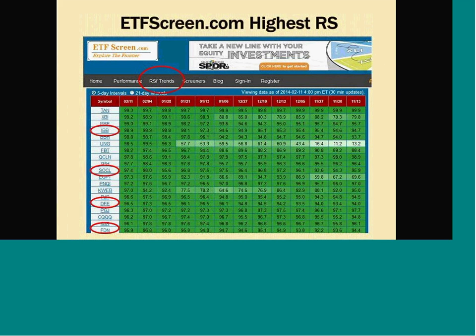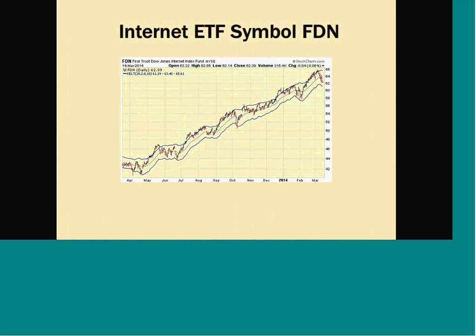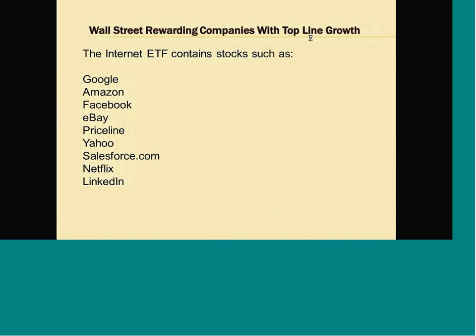So let's look at some of the ETFs I own now. One of the ones that's been performing well over the past year is the Internet ETF, that's the symbol FDN right here, that currently has a relative strength of 95.4. And here's a price chart of the Internet ETF symbol FDN. And right now, it seems like Wall Street is rewarding companies that have high top-line growth, revenue growth.